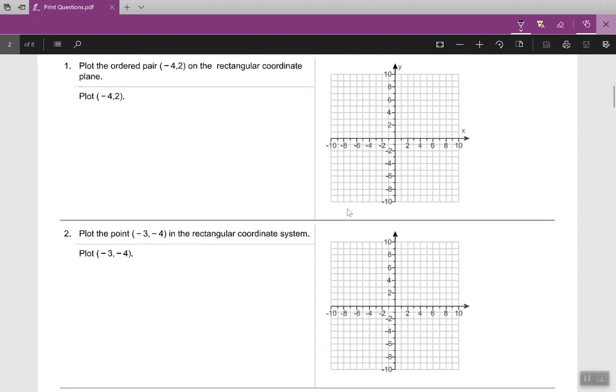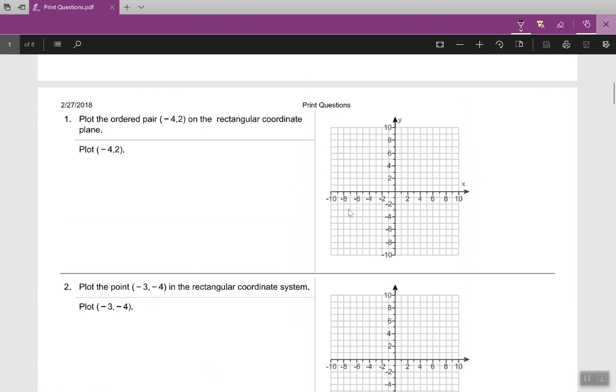On this first problem here, we want to plot the point -4, 2. So first of all, remember that that first coordinate represents x and the second coordinate represents y.